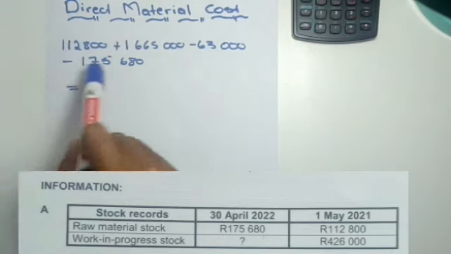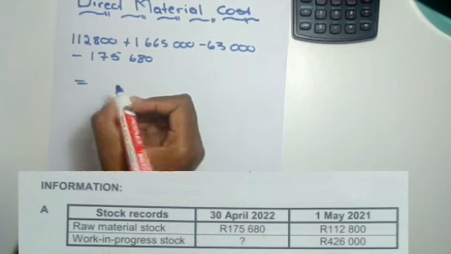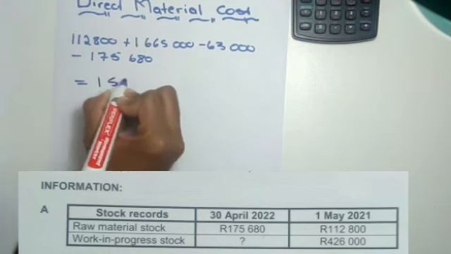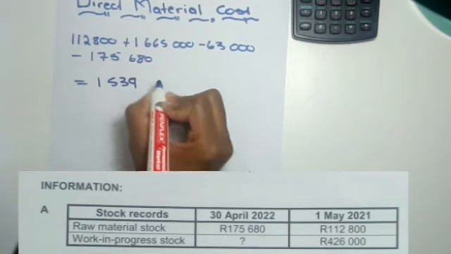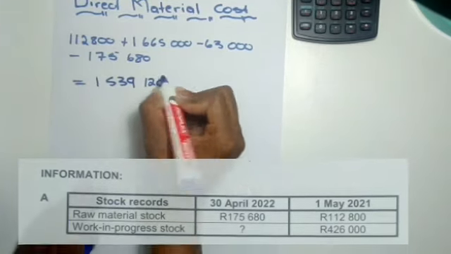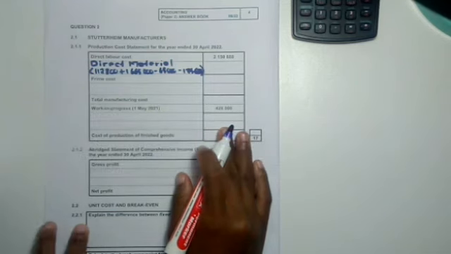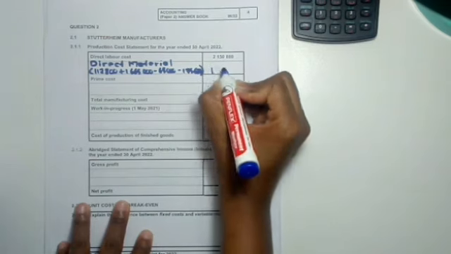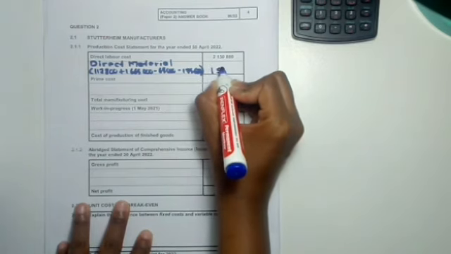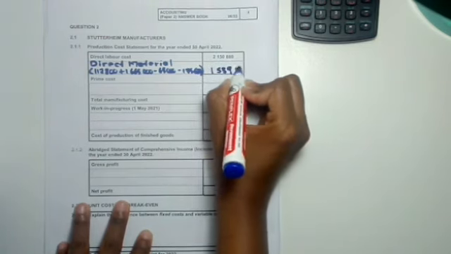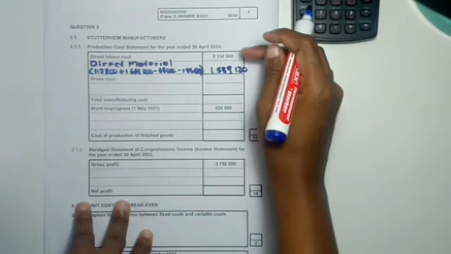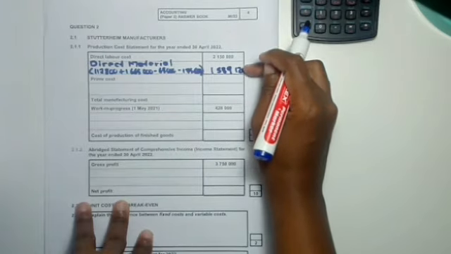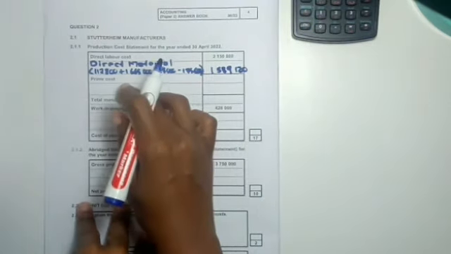So you put all of this in your calculator and it gives you a direct material cost of 1,539,120. As you transfer to your answer book, remember to show your working and put your final answer there as your direct material cost. And then now you are going to add your direct labor and your direct material in order to get your prime cost.